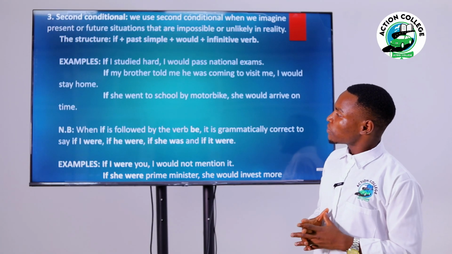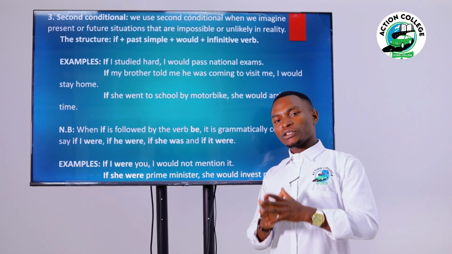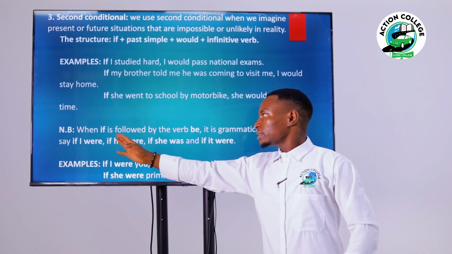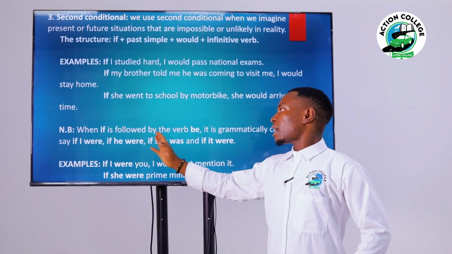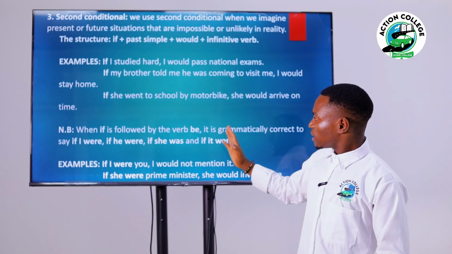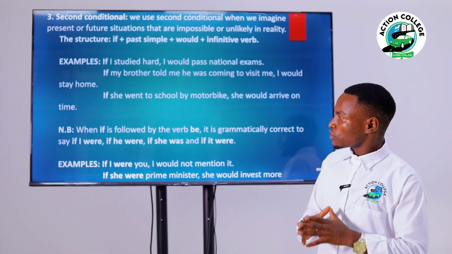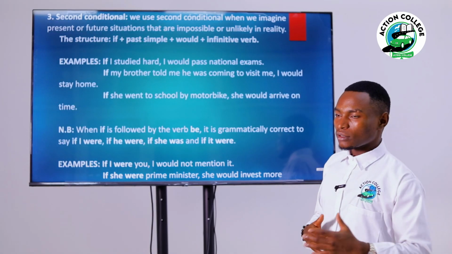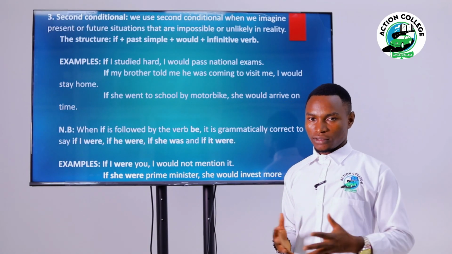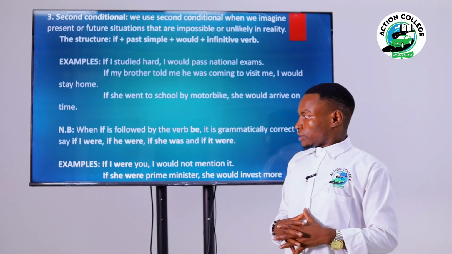So there is something very important here that you have to know: when if is followed by the verb to be, it is grammatically correct to say if I were, if she were, or if it were.